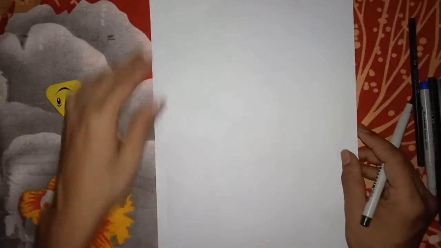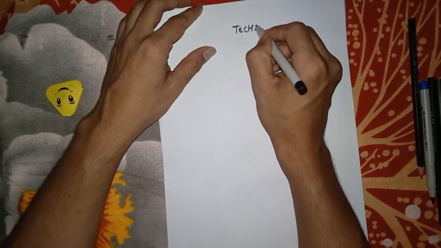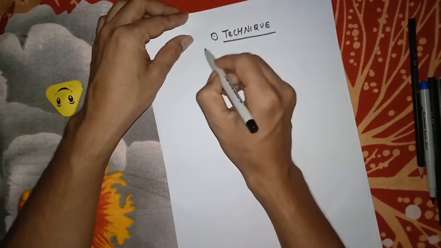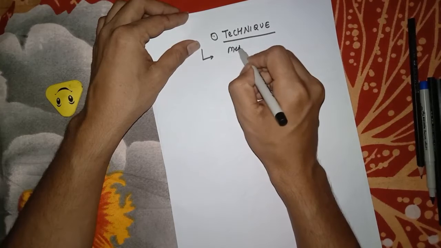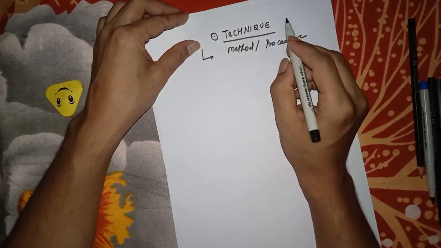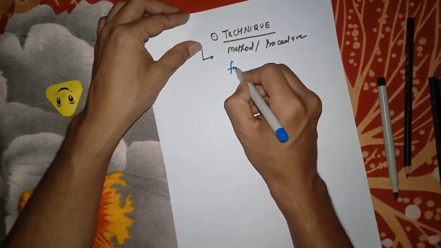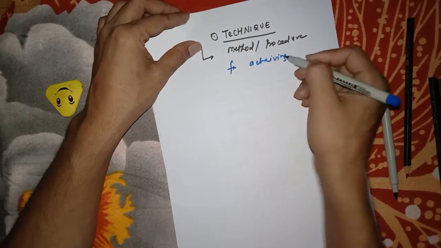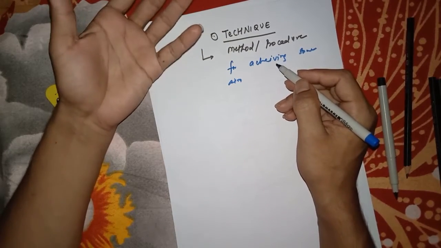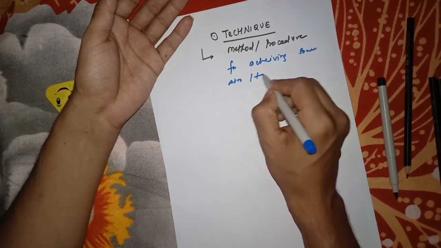Now another term: what is technique? You all know technique is a method, is it not? Technique is a method or procedure for achieving some aim or task. Technique means the procedure by which you achieve some task.